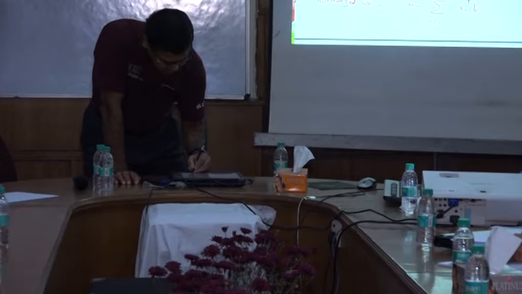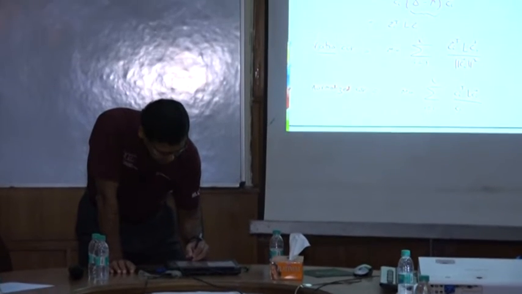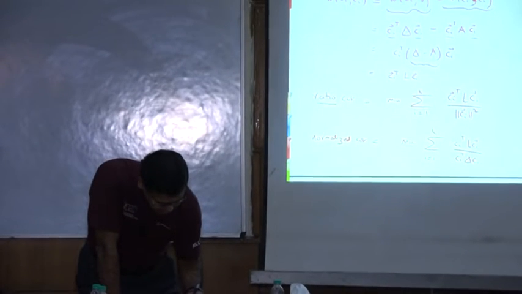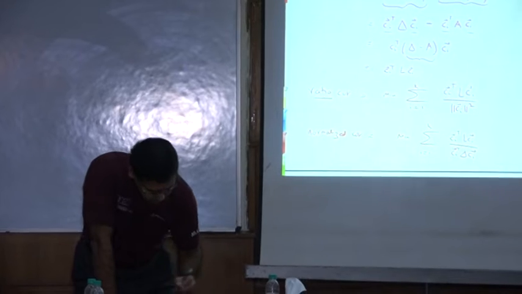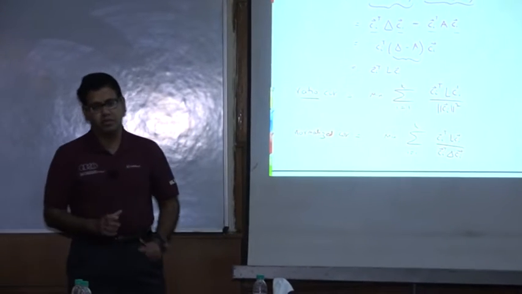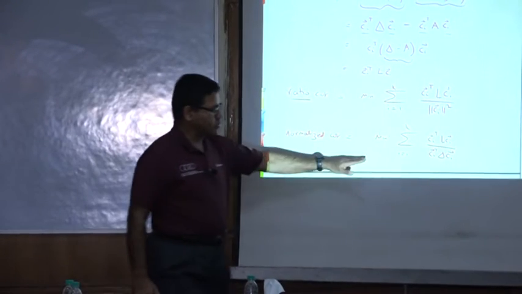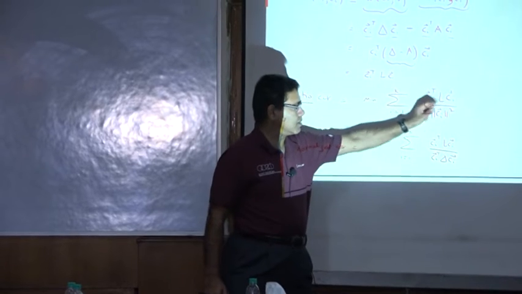The top part is the same, but the bottom part is the volume. So that's the only difference between these two objectives, what you are dividing by, and here it is just the Laplacian.